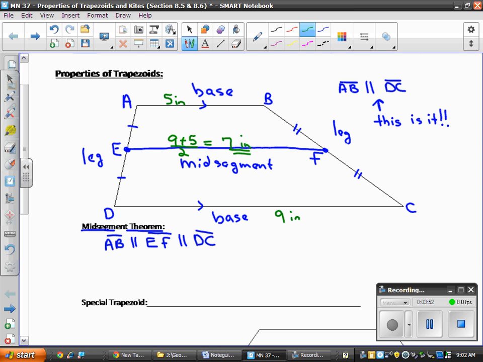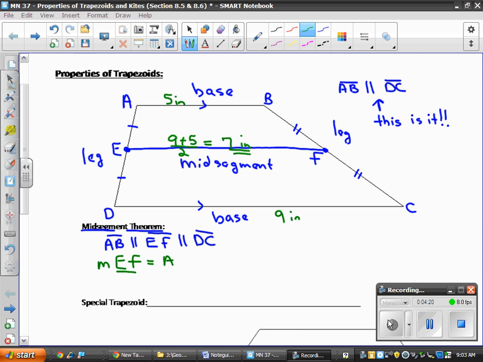So I'm going to bring it down here and make sure that you have it in notation form. The measure of EF, which is your mid-segment, is going to equal the length of AB plus DC, divided by 2.